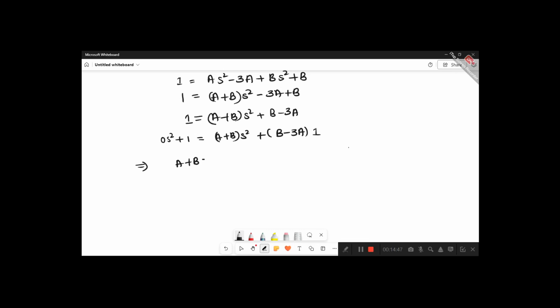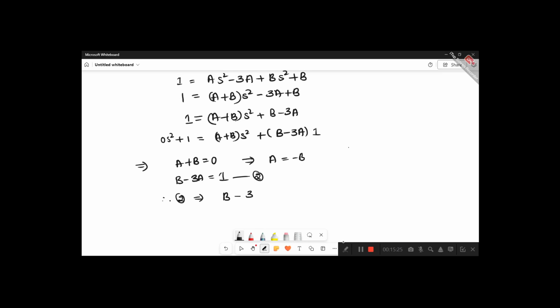From a plus b is equal to 0, we can write a is equal to minus b. Now in equation 2, we will substitute a is equal to minus b. Therefore b minus 3a is equal to 1, so b minus 3 of minus b is equal to 1.